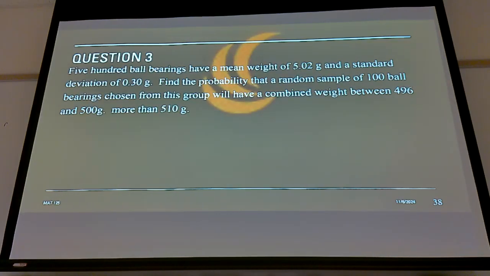What's the sample size here? 100. Is that larger than 30? Which means we can approximate this distribution as normal.